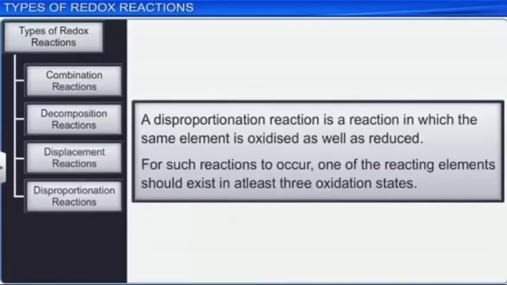Finally, let's look at the last type of reaction, disproportionation reaction. A disproportionation reaction is a reaction in which the same element is oxidized as well as reduced. For such reactions to occur, one of the reacting elements should exist in at least 3 oxidation states.